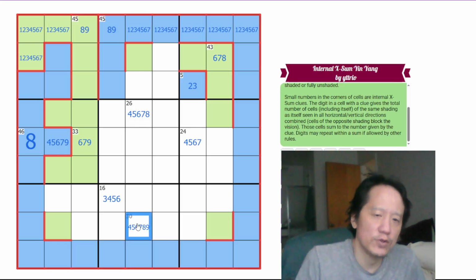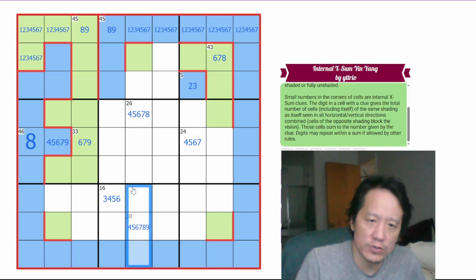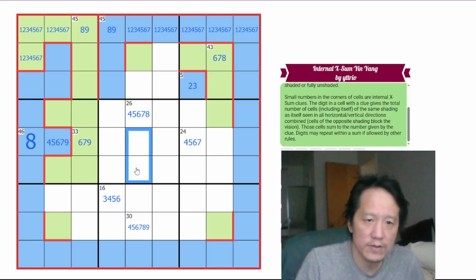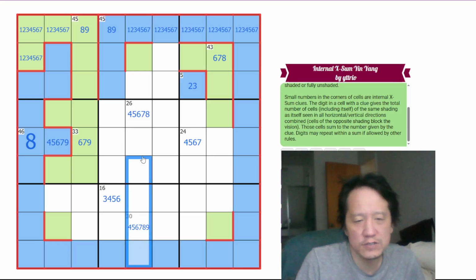If this is blue, that means both of these are green. So this would only see... I guess you could still have 4 digits. And then, no, you can't have 4. It would have to be at least 5. Could it be 6? No, because if it's 6, then these would all be blue.